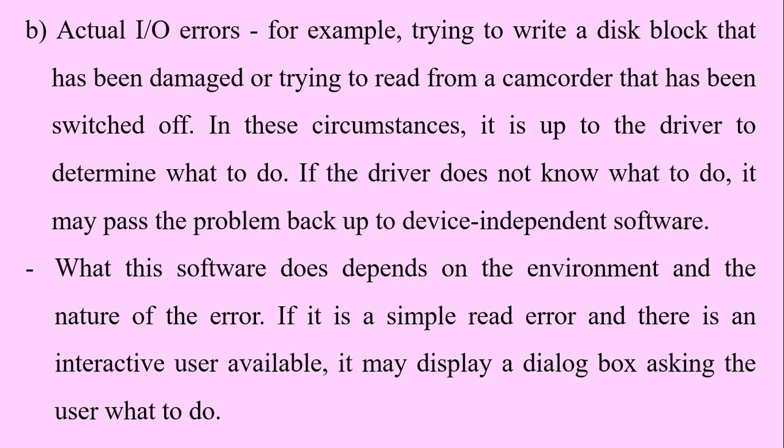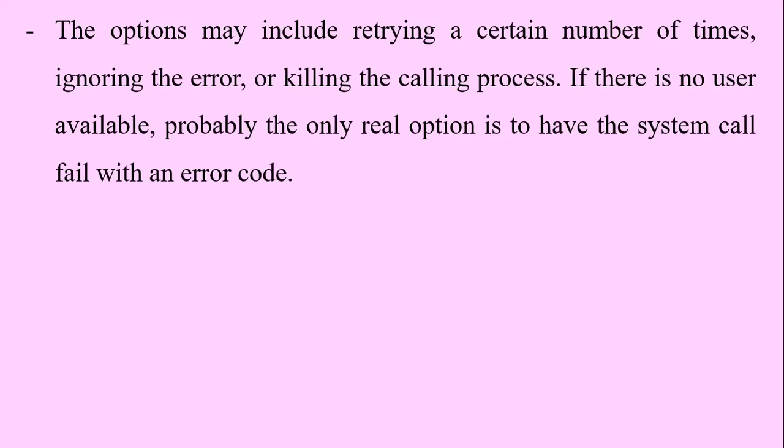If it is a simple read error and there is an interactive user available, it may display a dialog box asking the user what to do or telling the user what to do. The options may include retrying a certain number of times, ignoring the error, or killing the calling process.